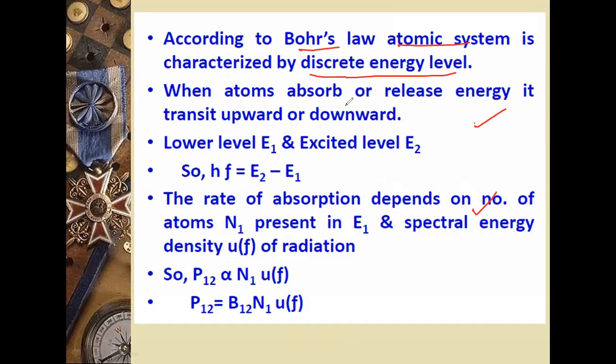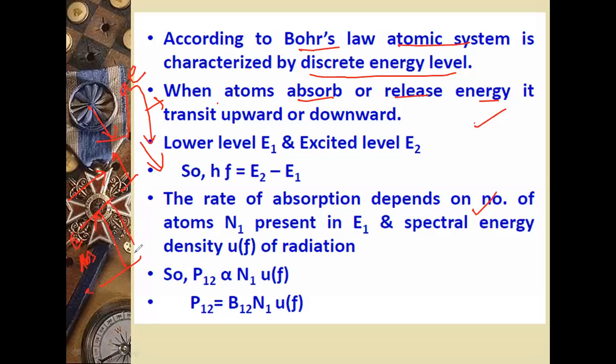Discrete energy levels, E1, E2, that came to us. When an atom absorbs the light or releases the energy, when an atom takes the light, it goes into a higher energy level and it comes back to the ground state by emission. So when absorbing, it goes up, and when releasing, it comes down. So when an electron jumps from the lower energy level to the higher energy level, E1 to E2, it is called absorption.